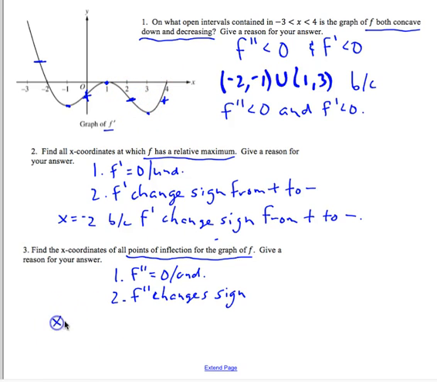So our answer is going to be 3 different x values. X is going to be negative 1, x is going to be 1, and x is going to be 3. And our reasoning is because f double prime changes sign, and we do not need to indicate which way it changes sign, just that it changes signs.